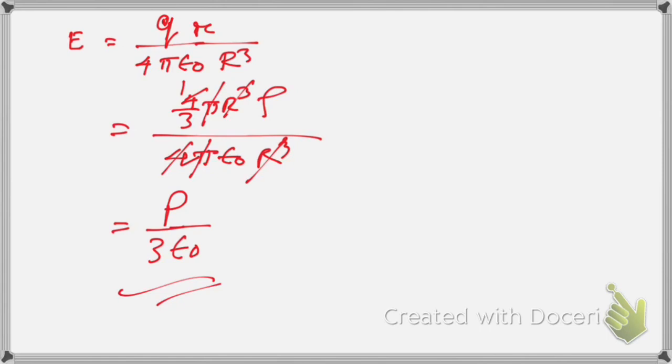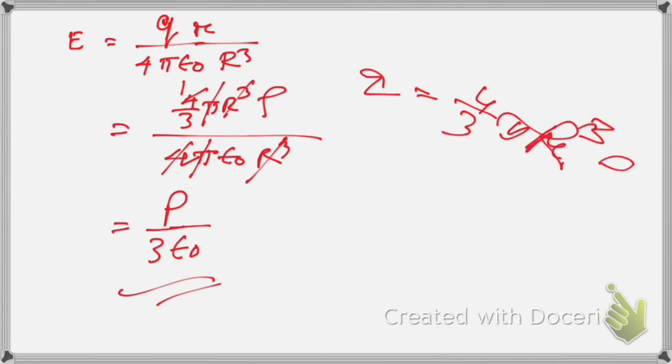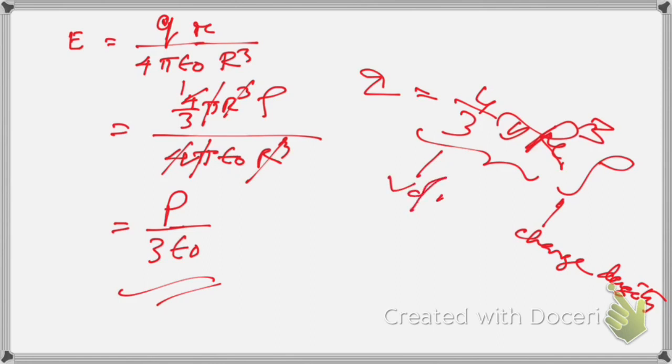So if you use the value of Q equal to 4 by 3 pi capital R cube into rho, where rho is the volume charge density and this is the volume of the sphere, right?